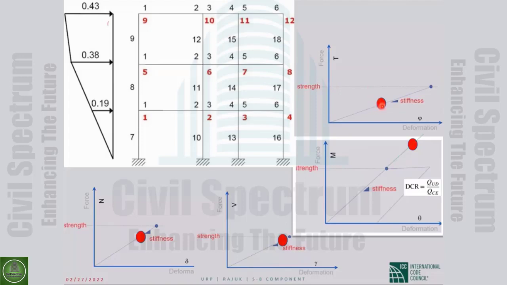So we check the demand, the red ones are demand. The demands we adjusted, divided by C1, C2, and J for this. And fortunately they all satisfy the requirement.